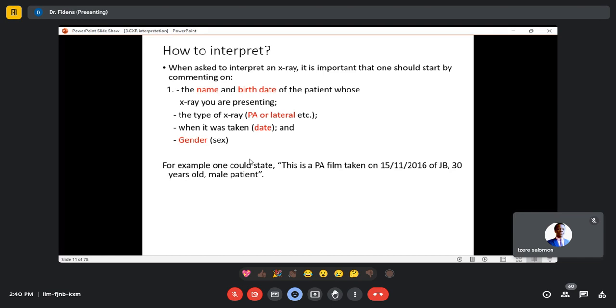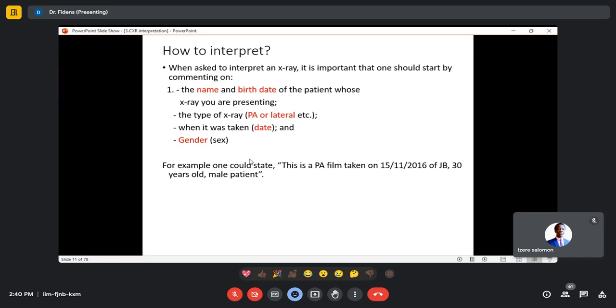You can do them in the morning, like 3 times, even 4 for some conditions, some pathologies. And even you have to check the gender, because remember, a chest X-ray for a female patient can be different from a male patient, considering the structures you have to see in the chest, like breast shadows can change the appearance of the X-ray.